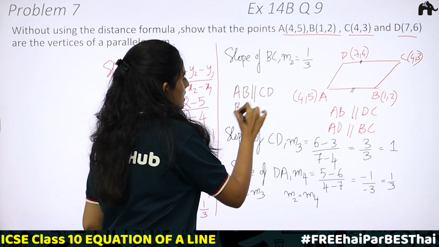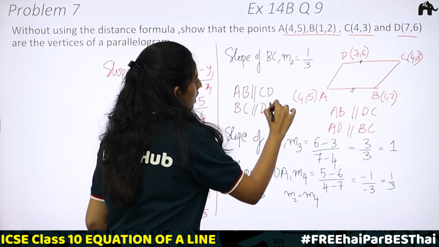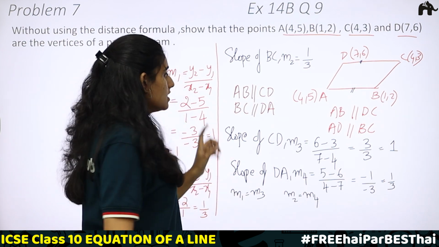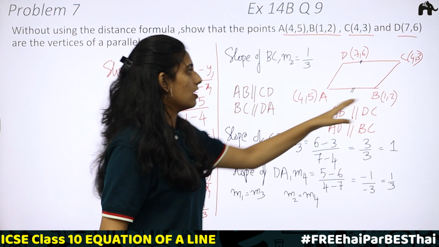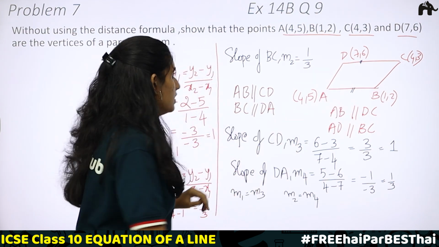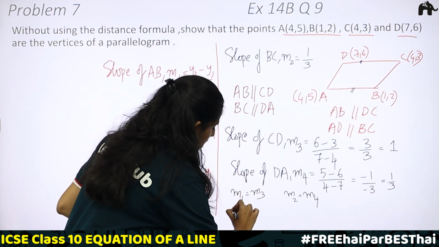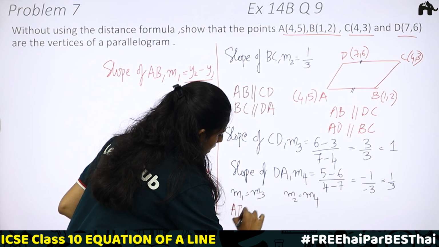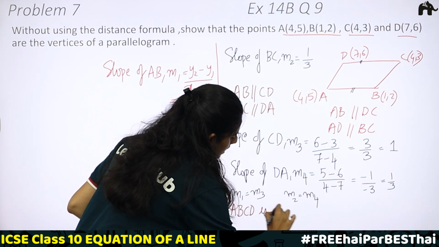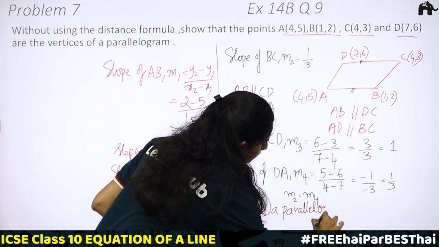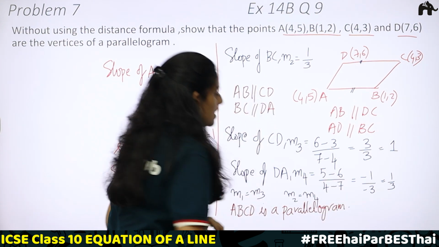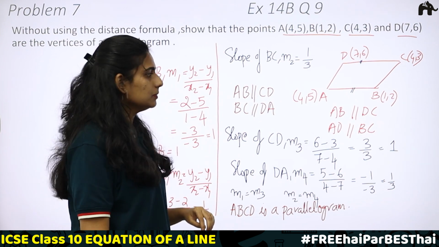Therefore, BC is parallel to AD or DA. Since the opposite sides are parallel, we can call this quadrilateral a parallelogram. Therefore, our required quadrilateral ABCD is a parallelogram. Clear?